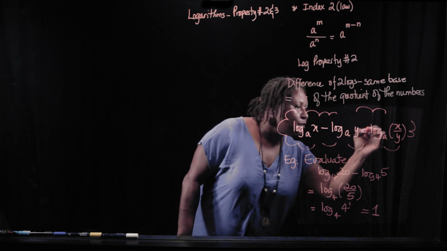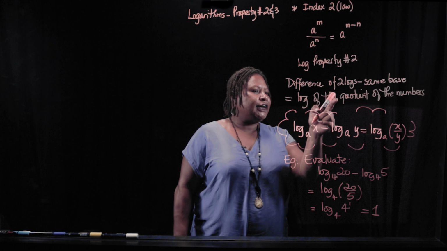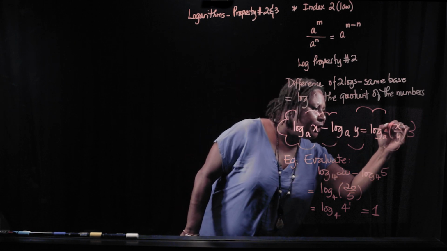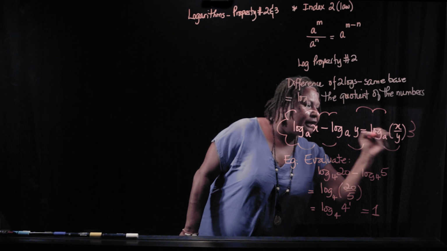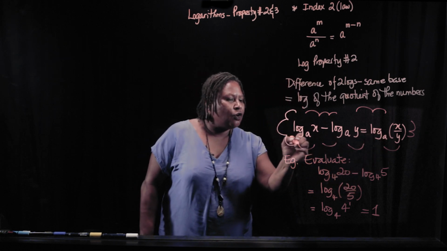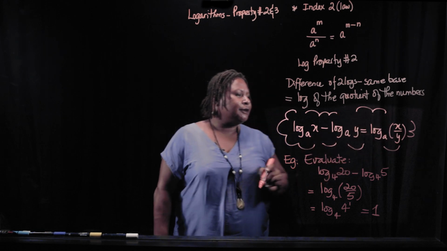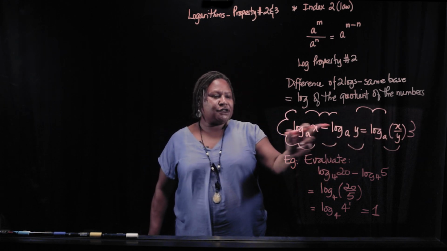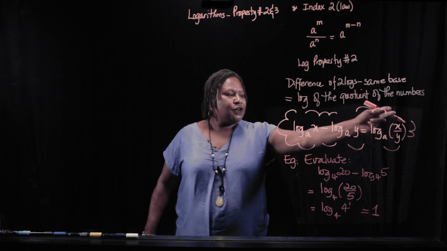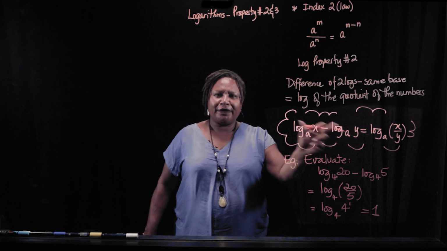This is equal to the log of the quotient of the two numbers, x divided by y, to base a. So this is what that law states: if I subtract two logs with the same base, this is equal to the log of the quotient of these two numbers.